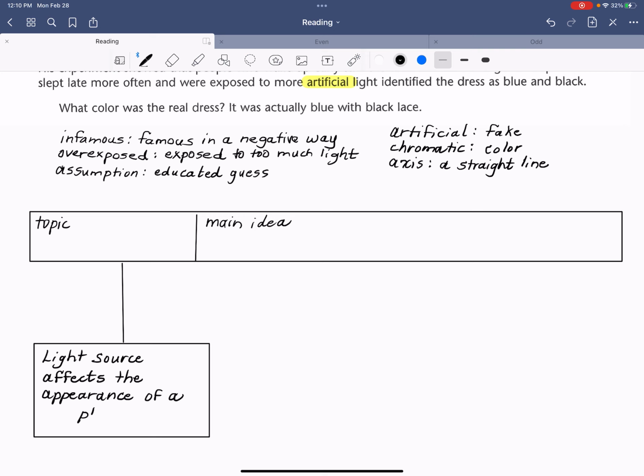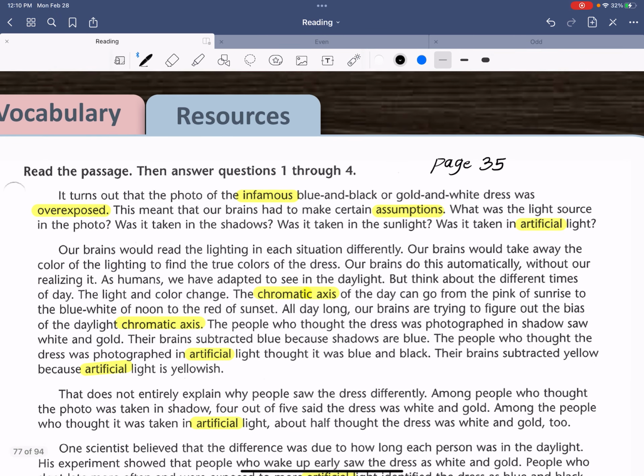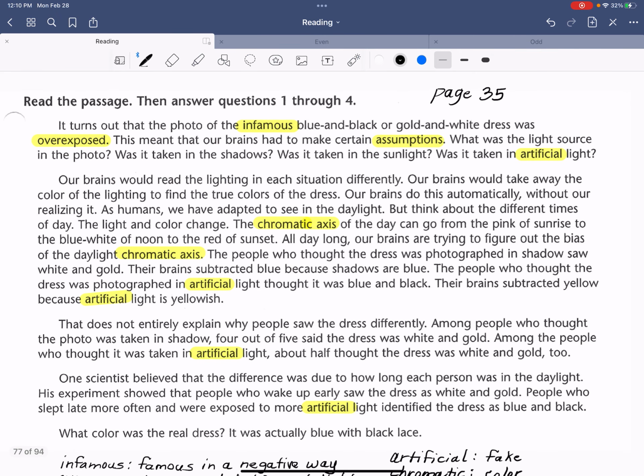A dress photographed in the shadows will not look like a dress photographed in the sunlight. So the light source will affect your photo.